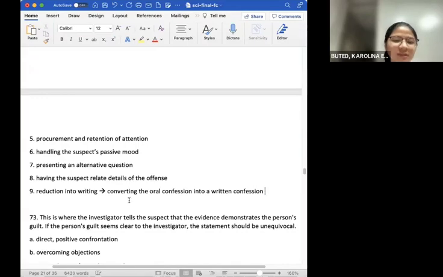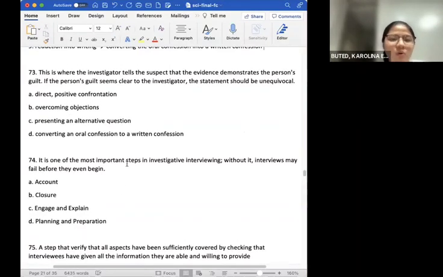Okay? Number 73, this is where the investigator tells the suspect that the evidence demonstrates the person's guilt. If the person's guilt seems clear to the investigator, the statement should be unequivocal. Tells the suspect that the evidence demonstrates the person's guilt.